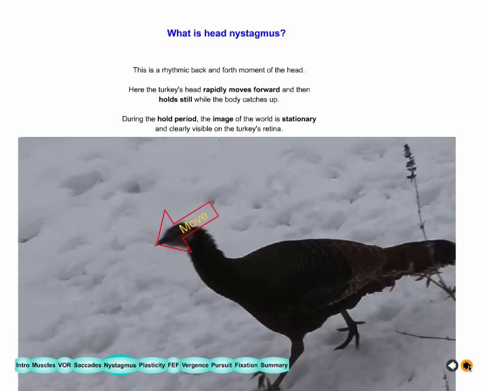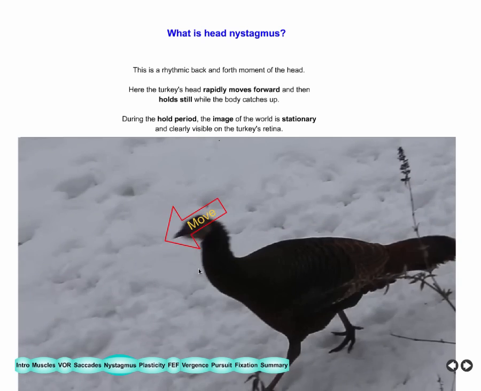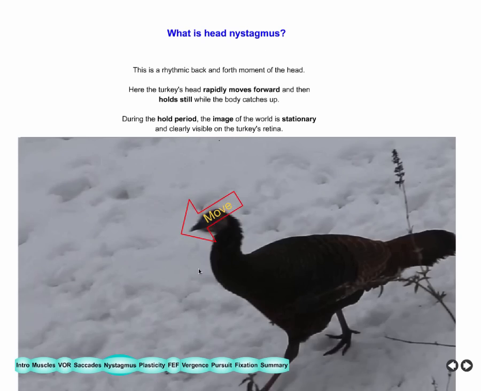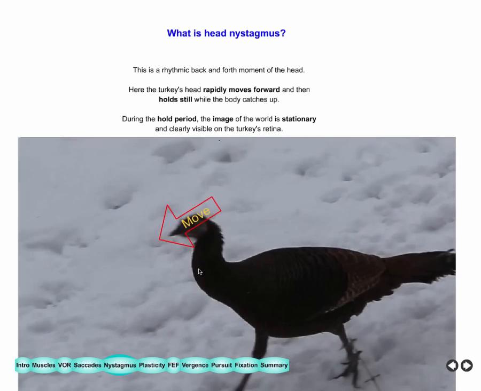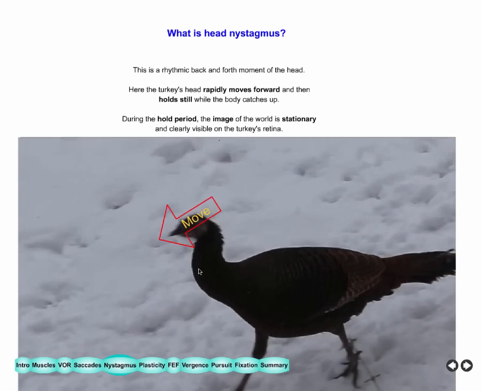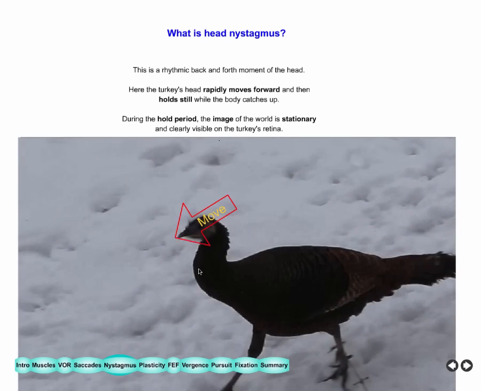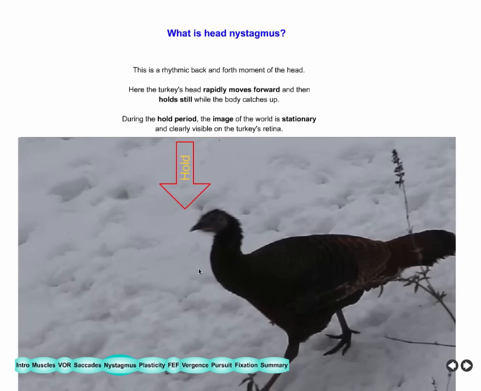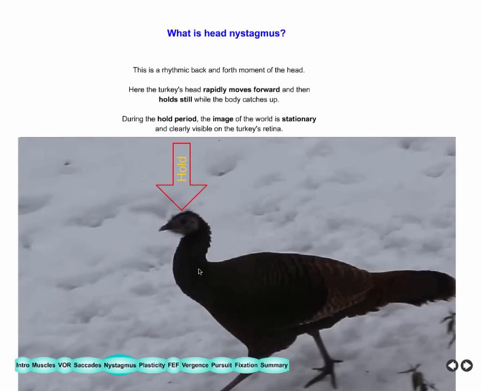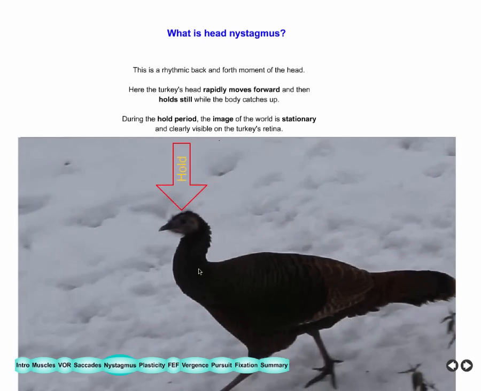Okay. It's going fast, slow, fast, slow, fast, slow. Now, during the slow part, it's stabilizing, its head is perfectly stable. It's moving back on its body as it's walking forward. And as a consequence, the image on its retina is perfectly stable. And then it makes this fast movement, which is like a saccade, to a new position.